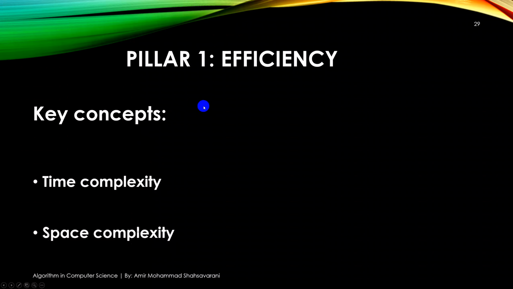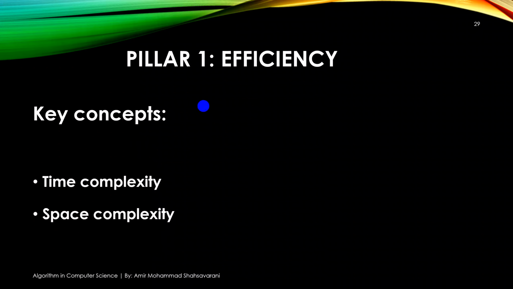The second one, space complexity. When we speak about space complexity, we mean the amount of memory required by an algorithm. We exactly mean the physical space it takes, usually measured in terms of the maximum number of variables or data structures used for an algorithm.